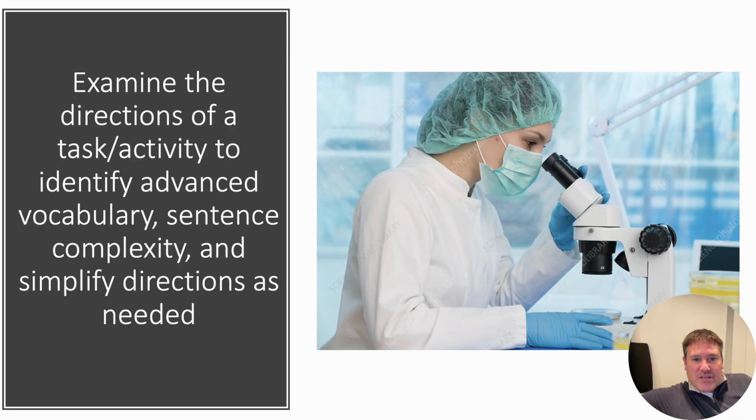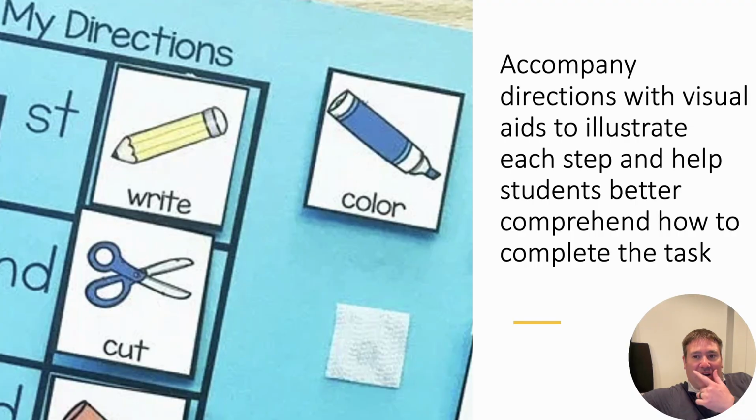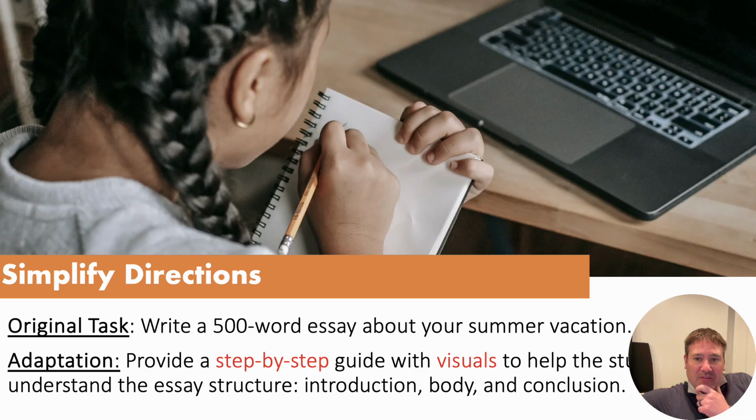Simplifying directions is pretty straightforward. So you take a look at the directions you're giving to kids, and look at the vocabulary, look at the sentence complexity, and figure out ways to simplify them. A lot of teachers will use visual aids to help illustrate each step, to help students simplify the task. Here's an example.